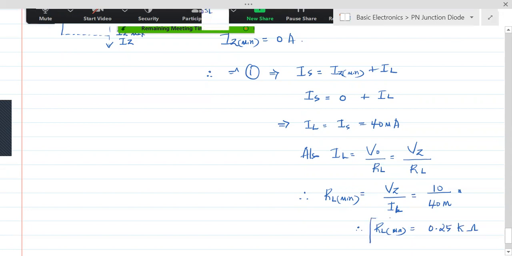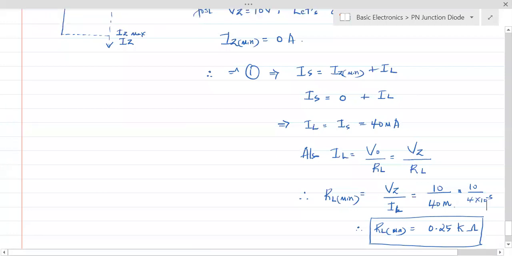Everybody just take this down: this milli goes to the numerator. This is 10 divided by 4 into 10 power minus 3. The 10 power minus 3 goes to the numerator, and it becomes K. That is why your RL minimum looks like this.